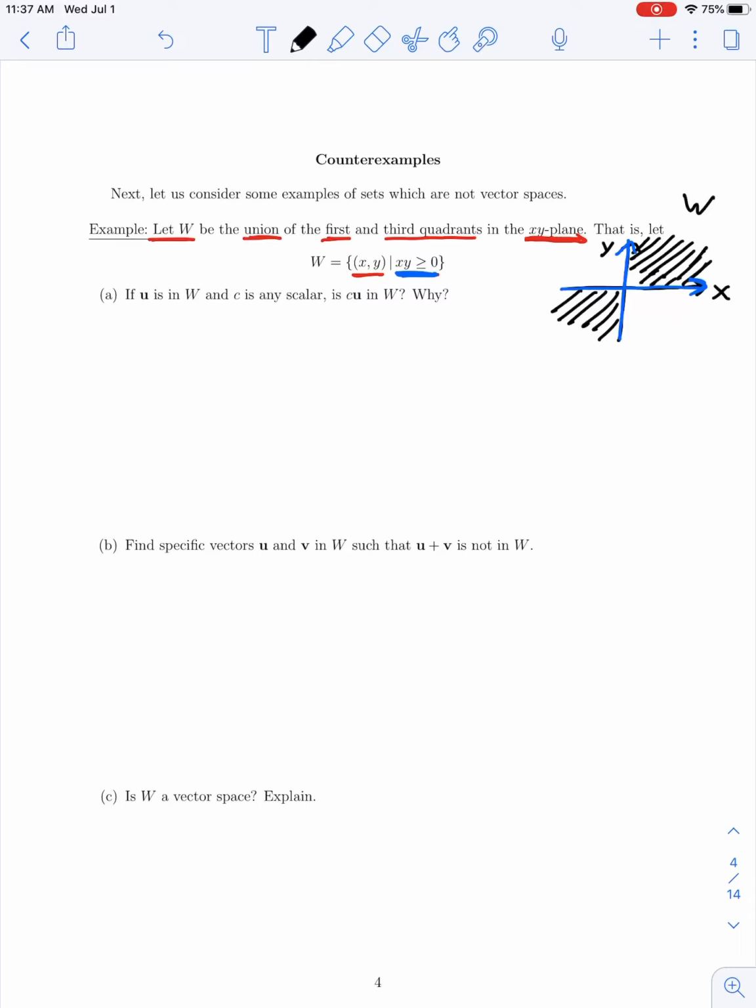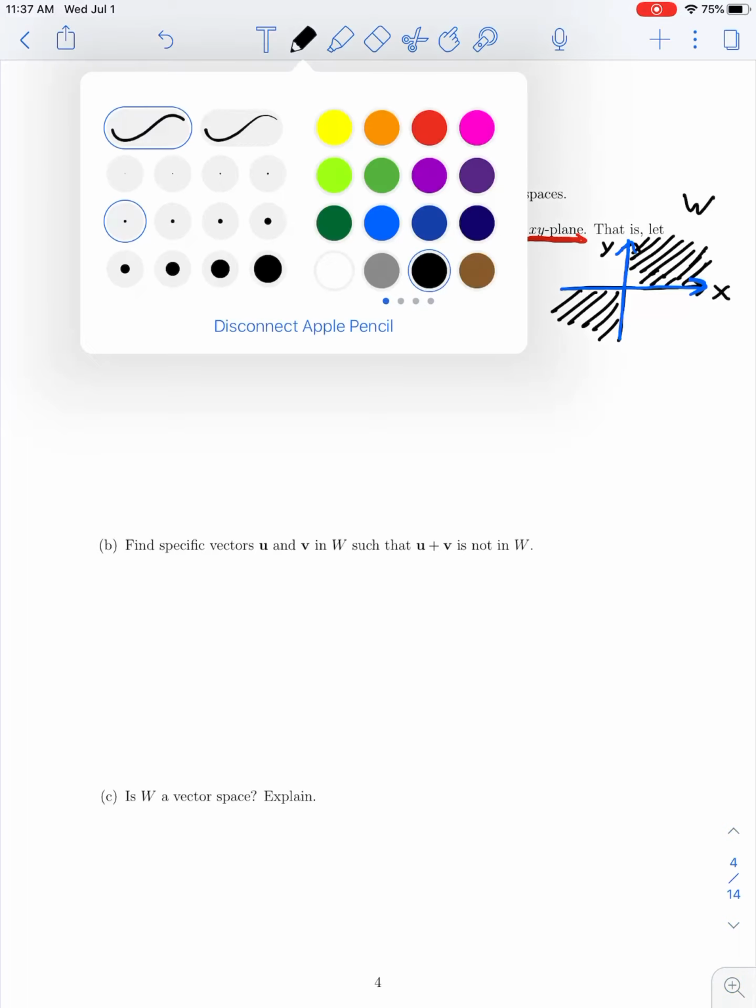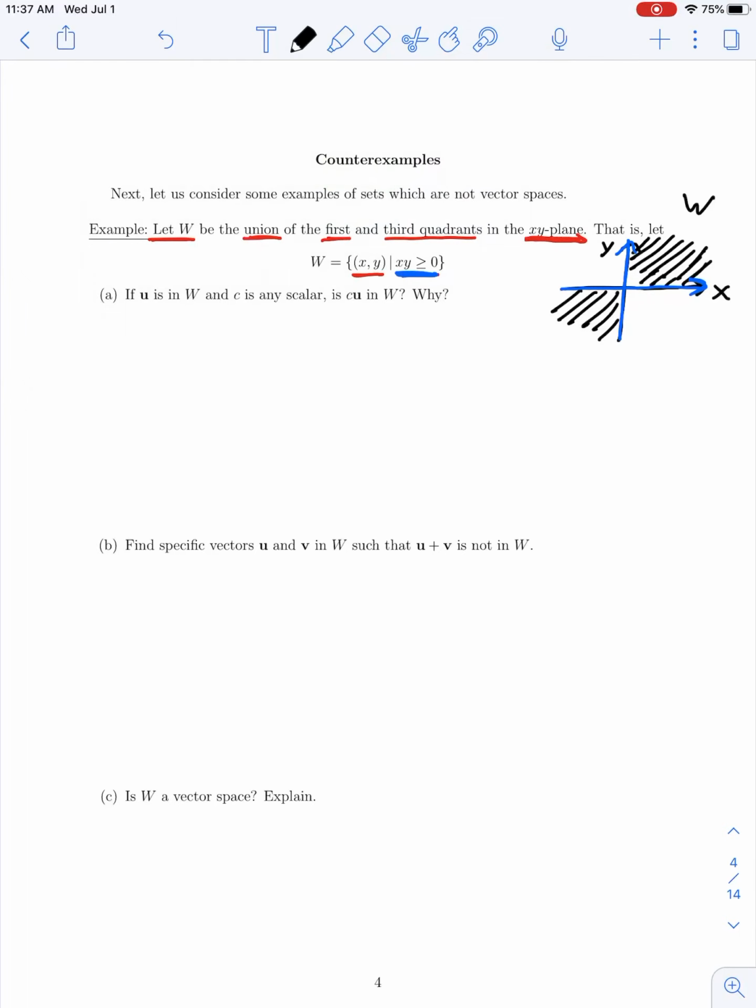So is this space W closed under scalar multiplication? Let's consider that. Let's choose some vector u in W. So it's some point (x, y) which lies in the set W. Let's call its components u1 and u2.